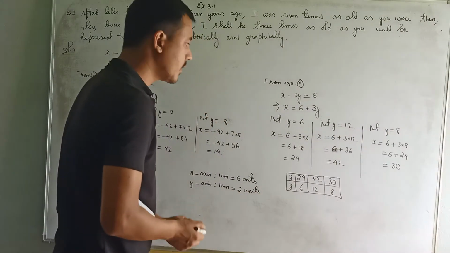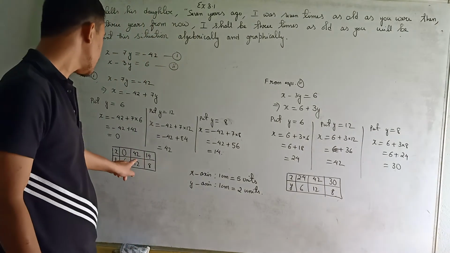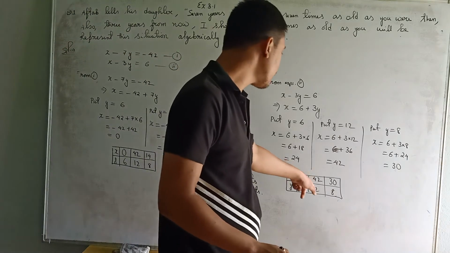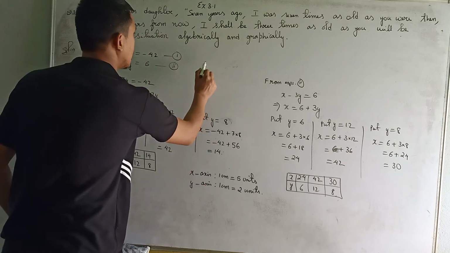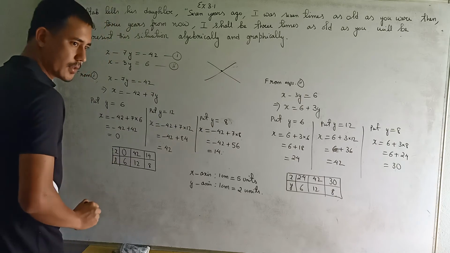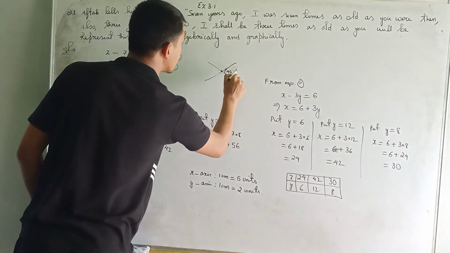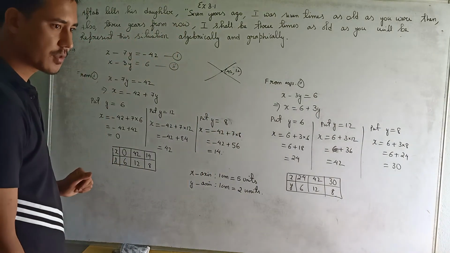Is there any common point? Yes, 42, 12 is the common point. That means when you draw the graph, the lines will be intersecting at a particular point, where x is 42 and y is 12. That will be the solution for the given equations.